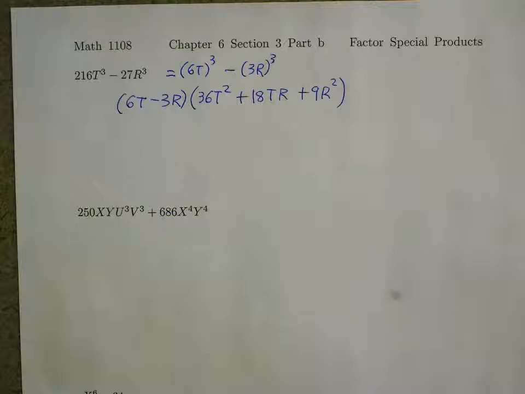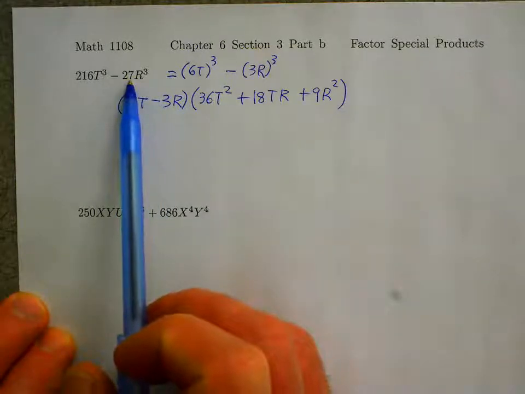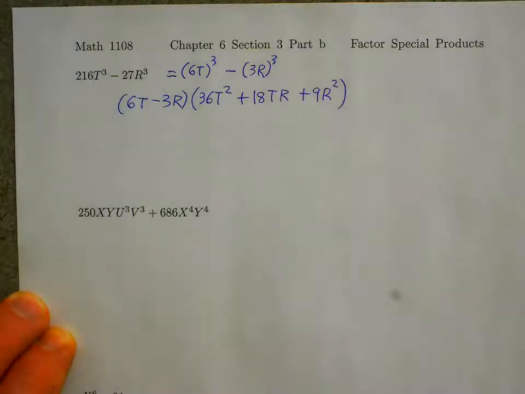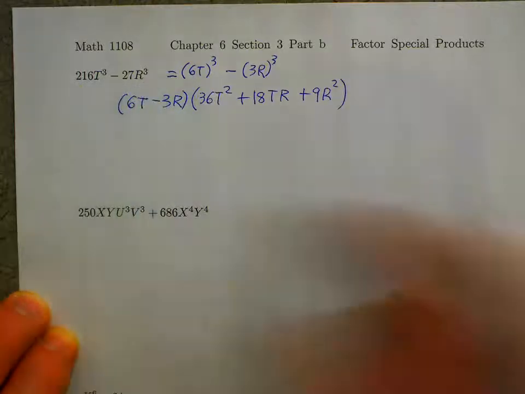Yeah, how many times will 27 go into 216? 8. Yeah, 27 goes into 216 8 times. So 27 is the greatest common factor.